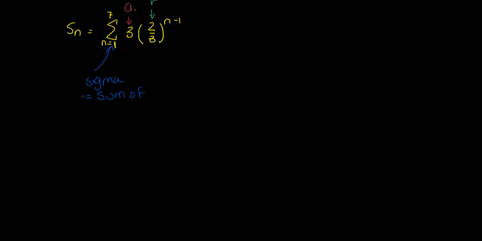So what is the sum? What we're looking at here is we're just essentially going to rewrite it. The sum from n equals 1 to 7 of 3 times 2/3 to the n minus 1. This is just going to equal A1, which is 3, plus 3 times 2/3, A2. This is to the 1.